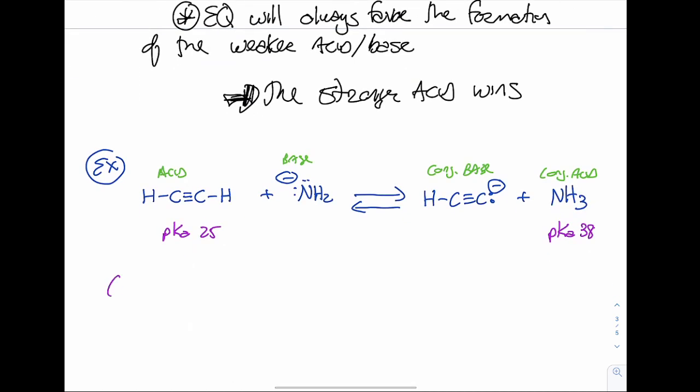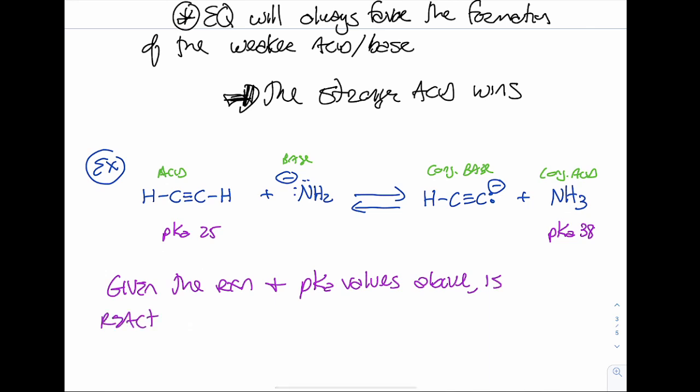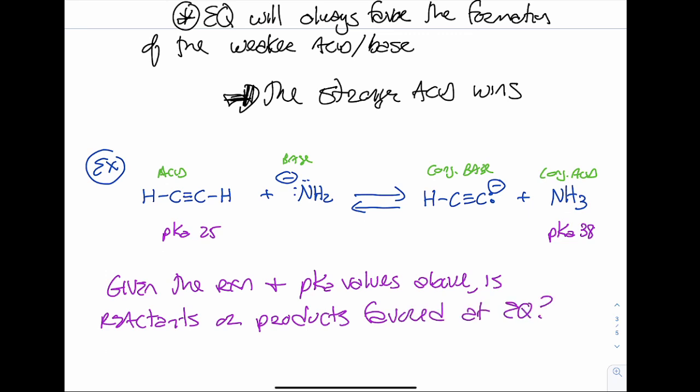So given the reaction above and pKa values, are reactants or products favored at equilibrium? Where does that equilibrium lie towards reactants or products?